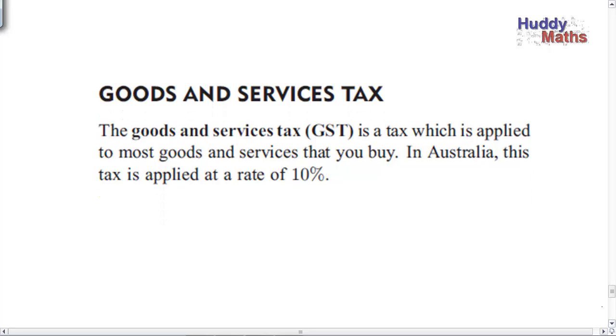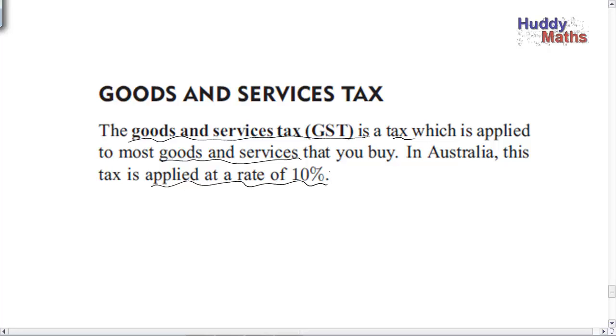A good look for goods and services tax. Now this is a tax in Australia which is applied to goods and services. So anything except food and that which you buy has a 10% tax on it.